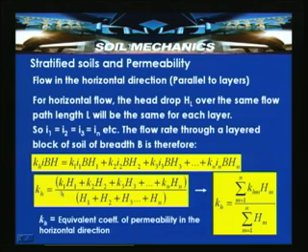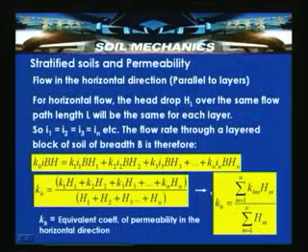So, the thickness of each layer multiplied by the respective coefficient of permeability of that layer, summed over all layers, gives the equivalent coefficient of permeability of all the layers under consideration in the horizontal direction, that is, in the direction of the flow.